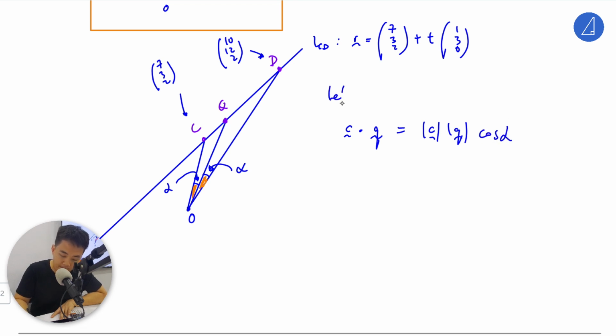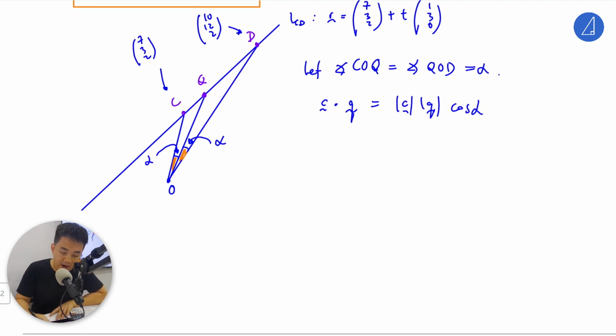In this case, if I use the dot product of this line, C and Q, I'll get this dot product.